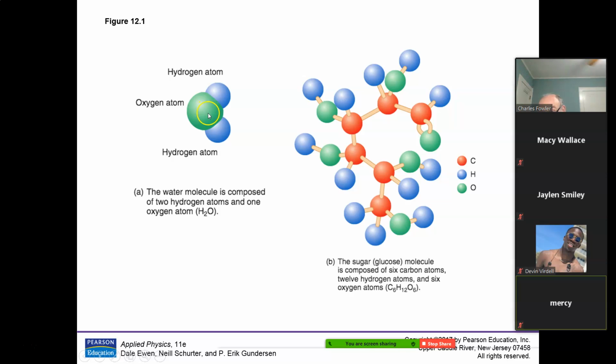This oxygen has a nucleus in here with, let me see if I can remember, 6 protons and 6 neutrons, in a very incredibly tiny little volume in here, but that's all the mass. These electrons, these 8 electrons that are flying around out here, have basically almost no mass at all.